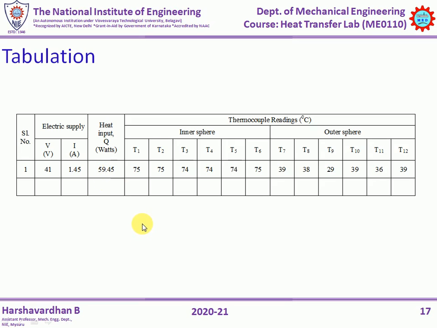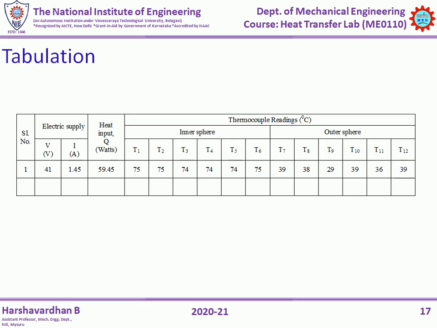And when the system attained the steady state, the following temperatures were recorded. That is, T1 is 75, T2 is 75, T3 is 74, T4 is 74, T5 is 74, T6 is 75, T7 is 39, T8 is 38, T9 is 29, T10 is 39, T11 is 36, T12 is 39. So these are the temperatures recorded when the system attained the steady state.